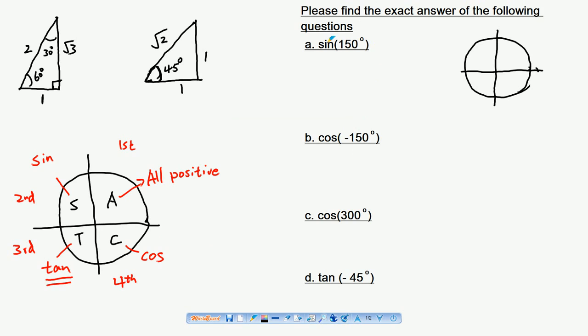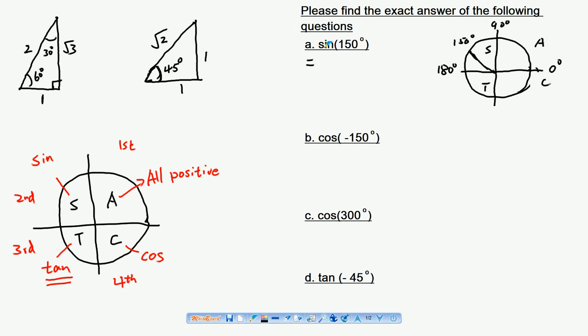We have sine 150 degrees, and here is 0, and here is 180. The first thing we do is label 150 on our unit circle. So 150 is somewhere there, and it's in the quadrant labeled S. It means only sine of an angle in the second quadrant is positive.